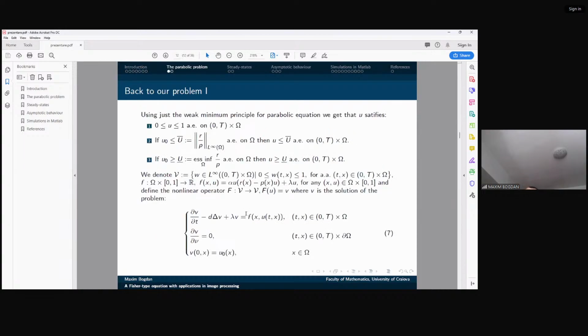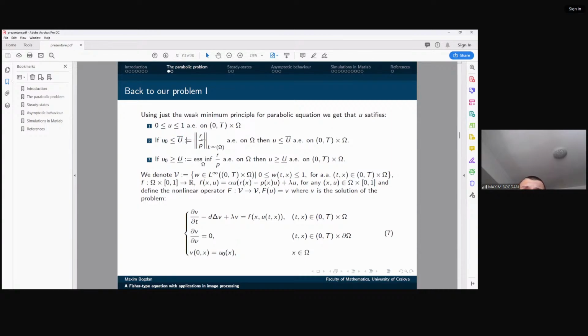The next thing I have, if we come back to the problem that I study, I have the guarantee from the weak minimum principle that if I start with an image and I deform it with this PDE, I remain with an image. So u remains between 0 and 1. And I have even better bounds.